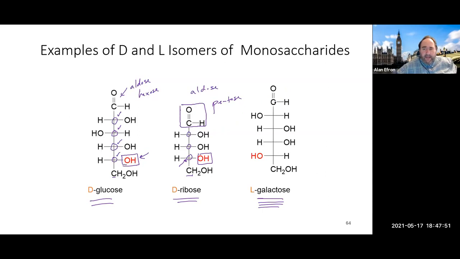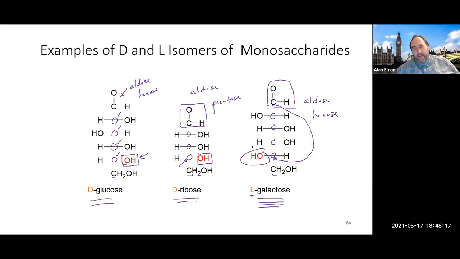And over here is galactose, which is also an aldose. It has 1 carbon, 2, 3, 4, 5, and 1 more makes 6, along with that one up there. That is a hexose. The furthest chiral carbon from that group is this one right here, and we see the OH group is on the left, which is why it is L-galactose. Any questions on that one?